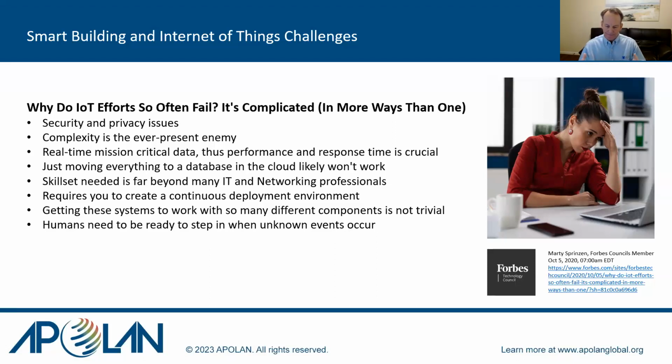And then there's the human factor. Many of these systems are very complex, so sometimes the skill sets of the existing IT and networking people may not be up to speed. And you need to be flexible. They're constantly changing, constantly innovating, so it's not set in stone. You have to be able to be flexible.